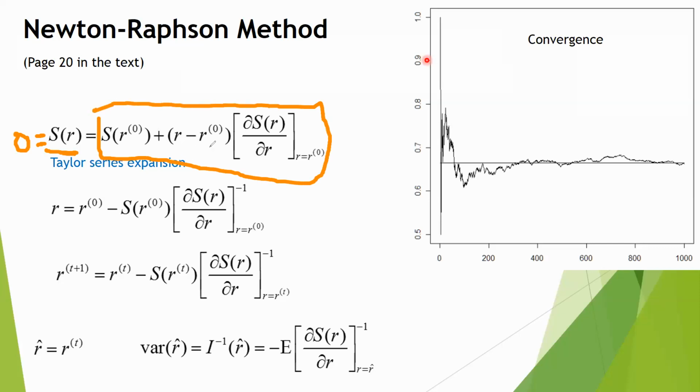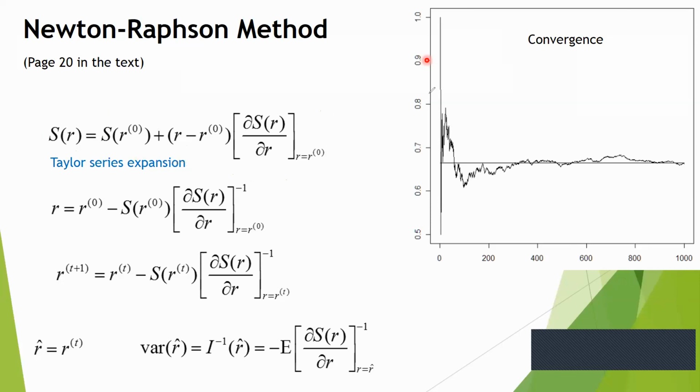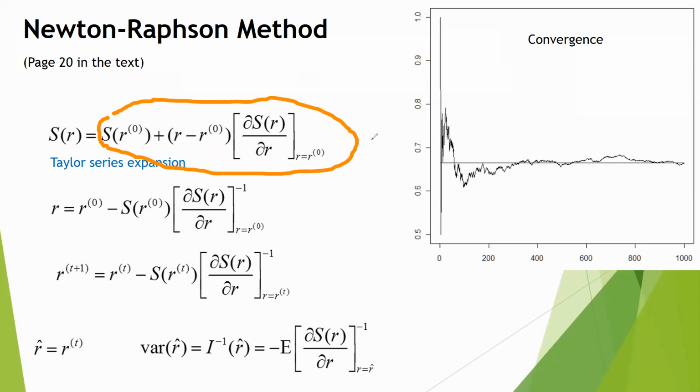And if we rewrite this part a little bit, we can express R by using this equation. If you set the whole thing equal to 0, this is what we do in the MLE, right? And if you rearrange this equation a little bit, put R on the left-hand side and everything on the right-hand side, you can have this.